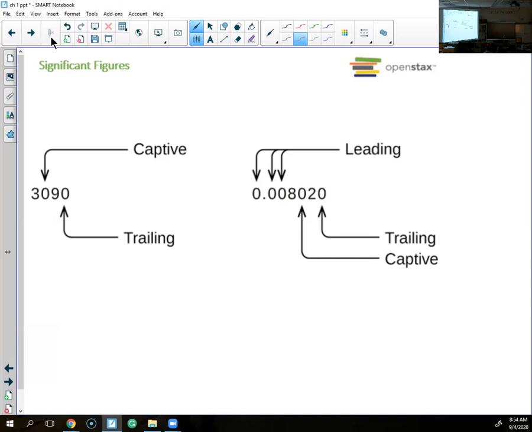Now, there's 2 reasons why these are important. If I write this number in scientific notation, all 4 of the sig figs have to be put in: 8.020 times 10 to the negative third. This one, the 0 doesn't matter: 3.09 times 10 to the third.